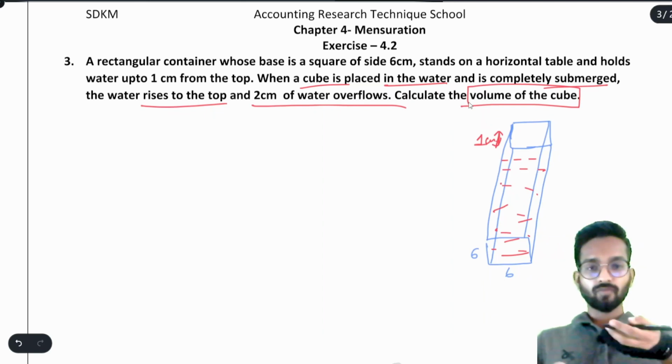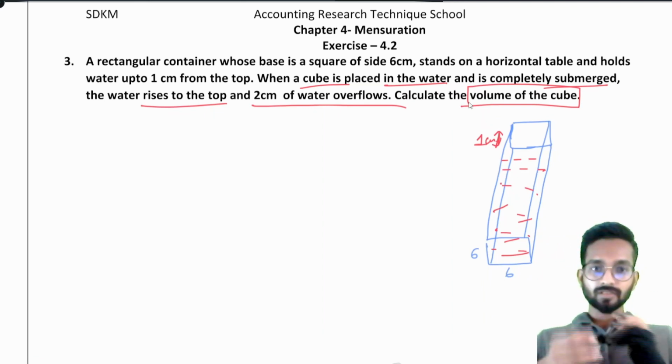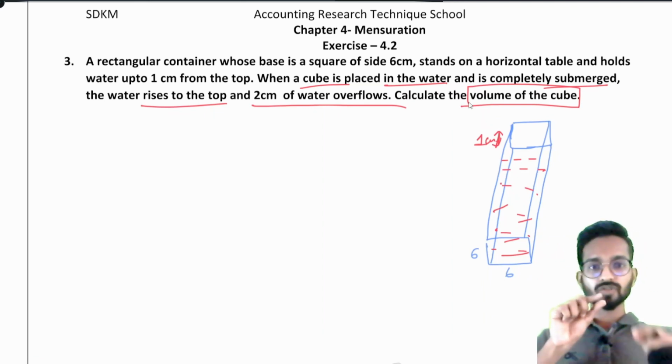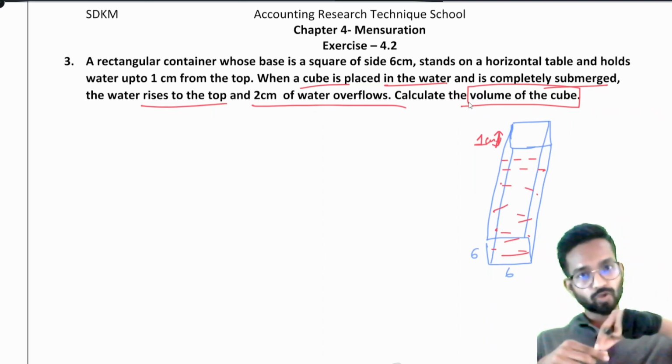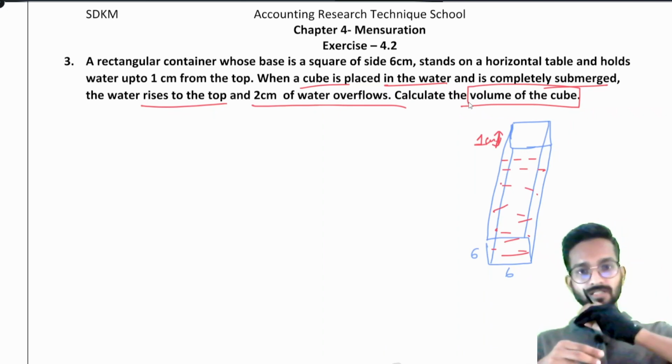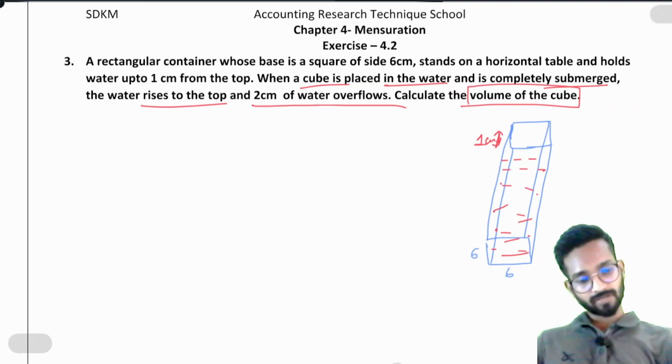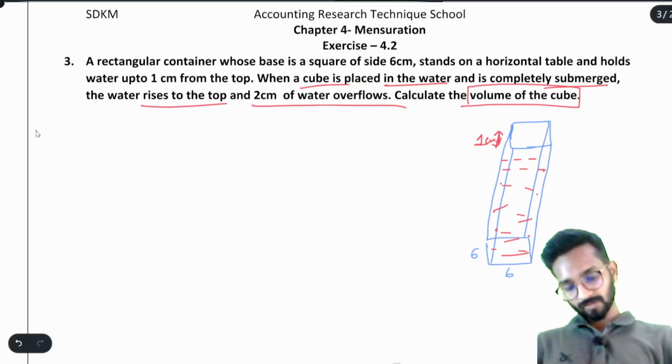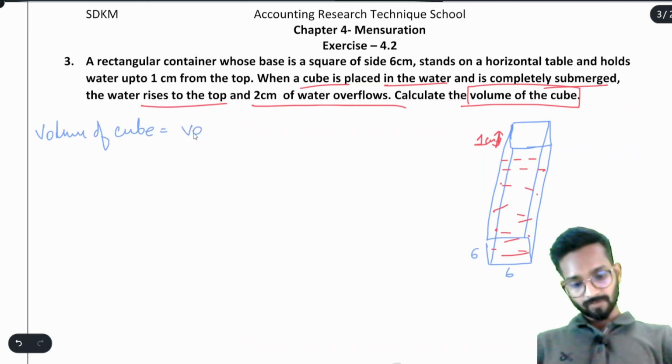See, whatever water has come out, that is only the volume of the cube, because if you are putting the cube inside, it means that much water has come out. Now understand how it is happening. See, you can say volume of the cube will be the volume of water which has risen plus the overflow.